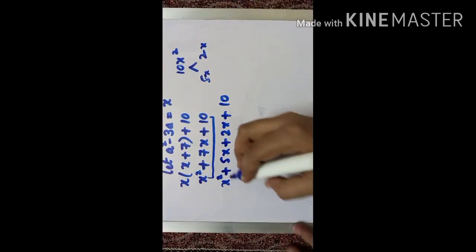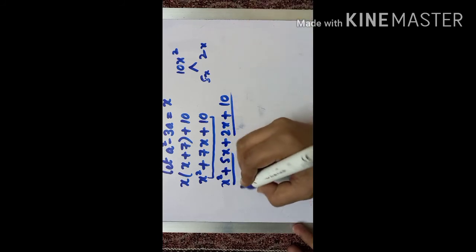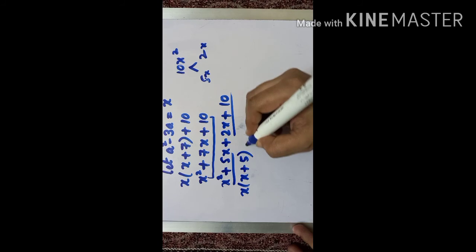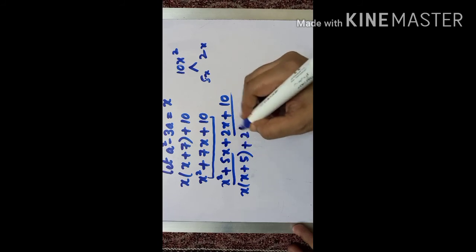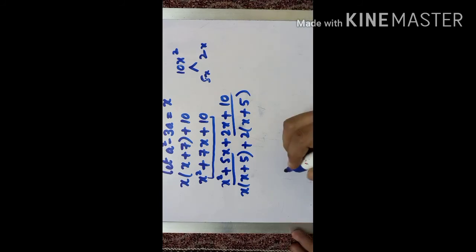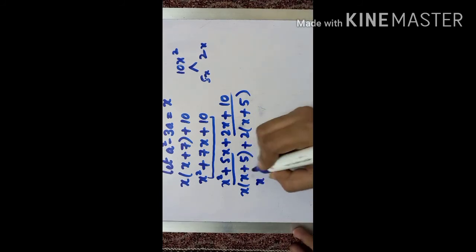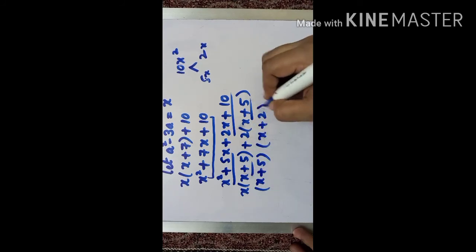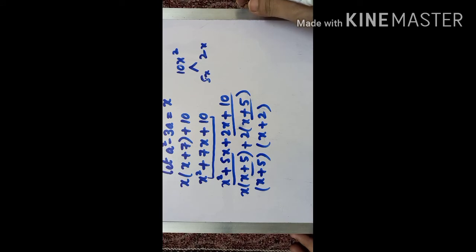Okay, so now from these two terms, you are taking x common, x plus 5, then plus here 2 if you take common, x plus 5, 2 5s are 10. Now x plus 5, this x plus 5, then x plus 2. So what actually is x now?